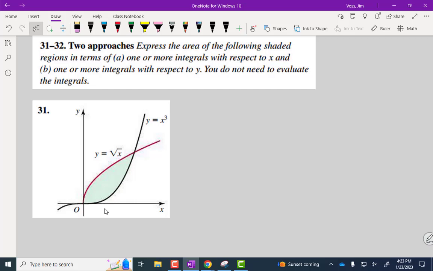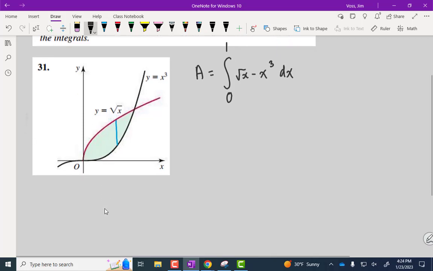So it makes more sense to just go ahead and go with the vertical element, since that's how it was presented to us, and we don't have to do the extra work of converting. But you could use either. Either will work fine. So let's go ahead and say that the area is equal to the integral of upper minus lower. So the upper curve is the red one. The lower curve is the black one. And our limits of integration are 0 and 1, which you can kind of see by inspection.